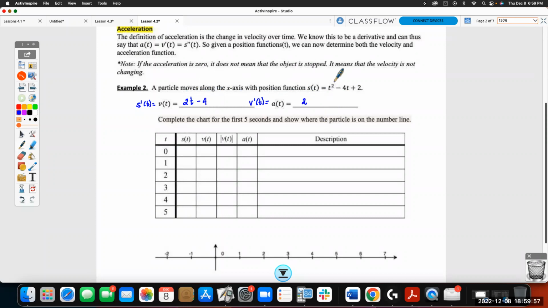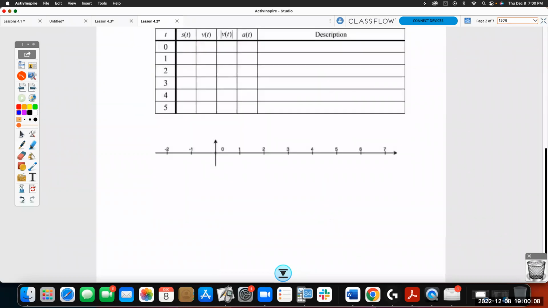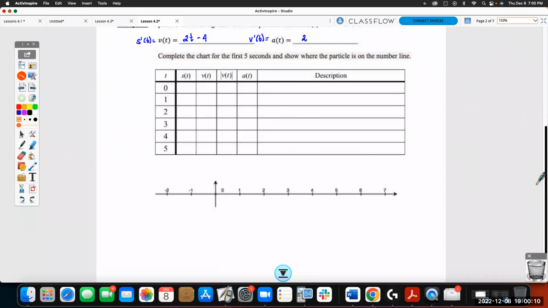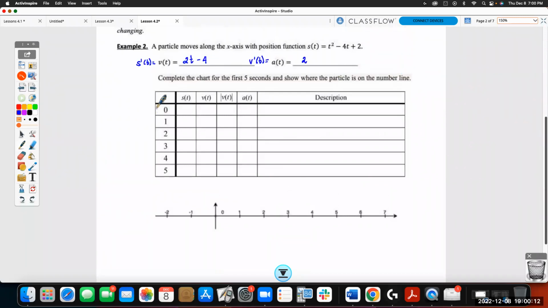Now let's complete this chart for the first 5 seconds and show where the particle is on the number line. Okay, let me just bring this up. So at t is equal to 0, s is equal to 2.